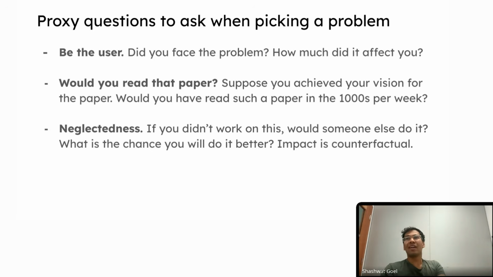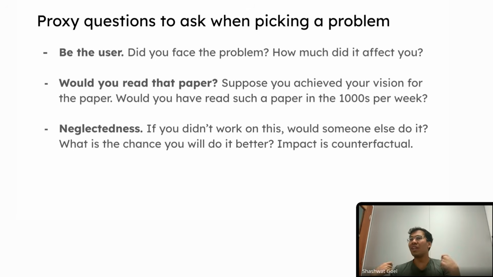Then the expected impact you will have is low, because someone else might do it before you, and then you don't even get your paper accepted. But the other problem is that even if you manage to beat them in this race, think about the fact that if you hadn't done this, someone else would have done it maybe 1 week later. And at that point, the impact of your project was really the 1 week earlier you put out this result in the community.